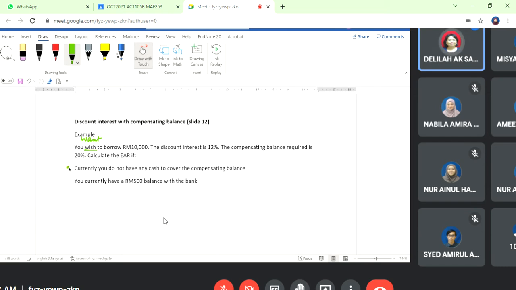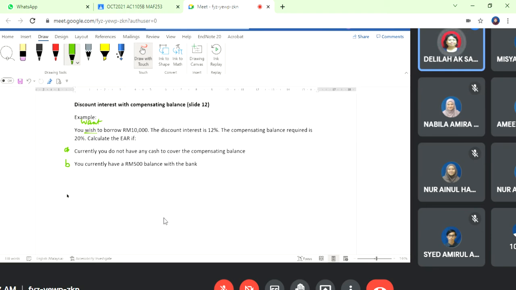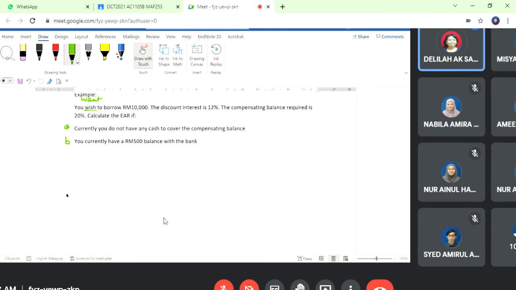So firstly, okay, this is A, this is B. A, you don't have any cash to cover the compensating balance. Part B, you got RM5. Jadi kita mulakan dengan A. So the amount that you want to borrow is 10,000.